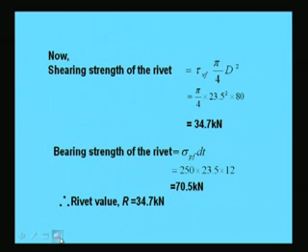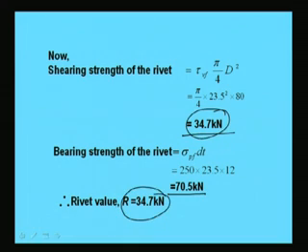That means the failure will first occur because of shearing strength, so we take the rivet value as 34.7 kilonewton.